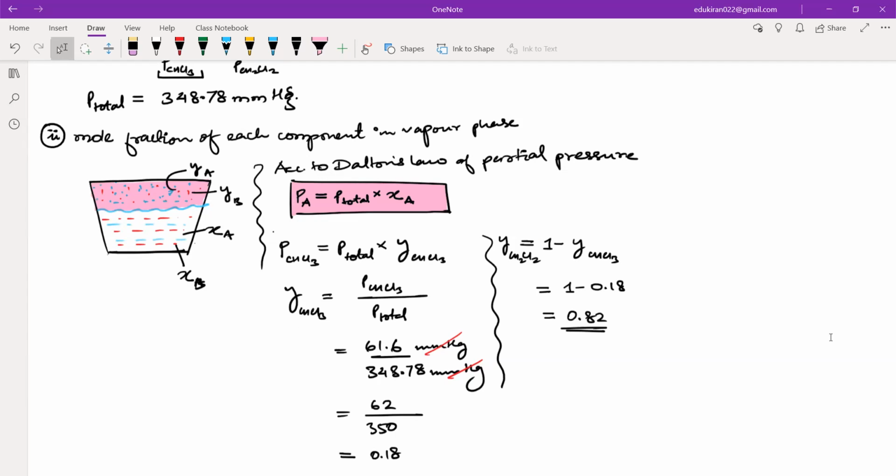As you can see, very obviously, CH2Cl2 has more content or more contribution in the vapor phase because it is more volatile. The P0 is equal to how much? 415. The P0 is equal to 450. That is why it is very much available in the vapor phase.